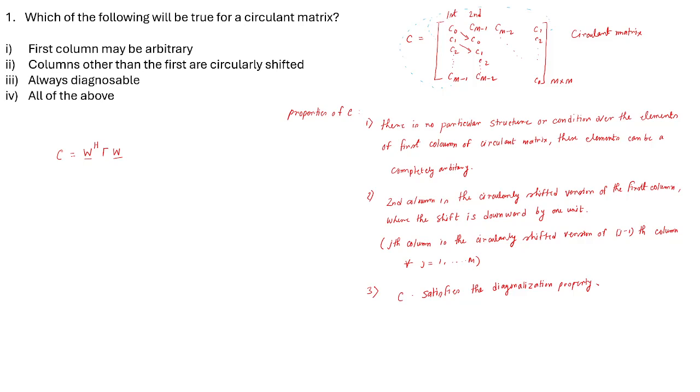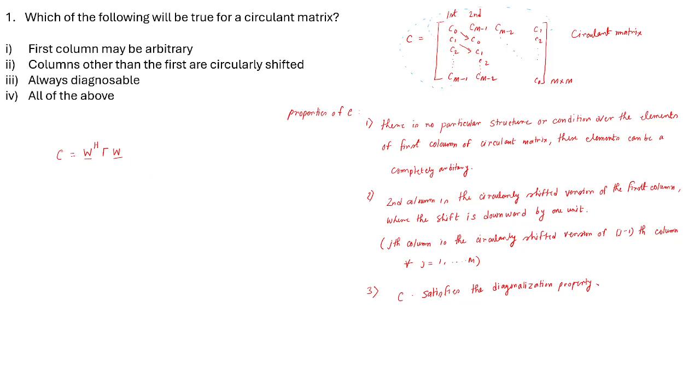Where Hermitian, of course, refers to the conjugate transpose. I guess you are familiar with that. The matrix W is the normalized DFT matrix that makes W Hermitian the IDFT. W is a Hermitian matrix also.